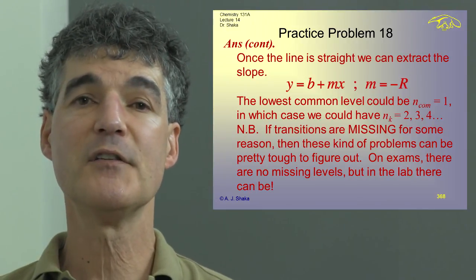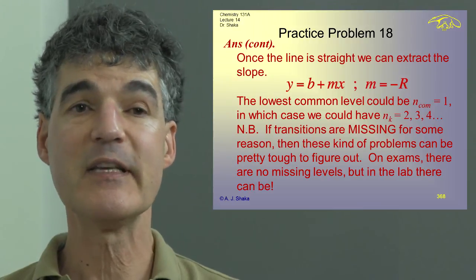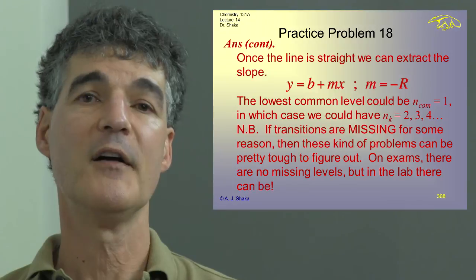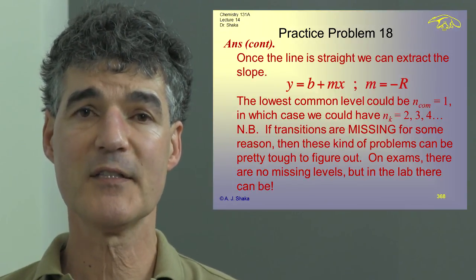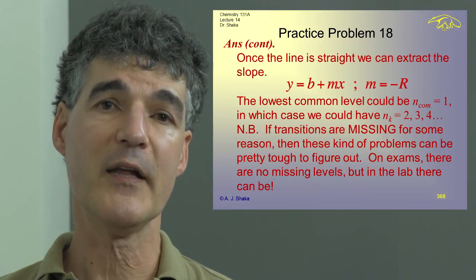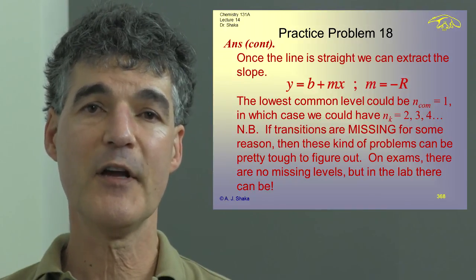If some transitions are missing for some reason, we just didn't see them, they were faint, we made an error, or some other reason, then this kind of exercise can get very frustrating because the points don't appear to fit. And if you have to start deleting values, then it's very tedious.